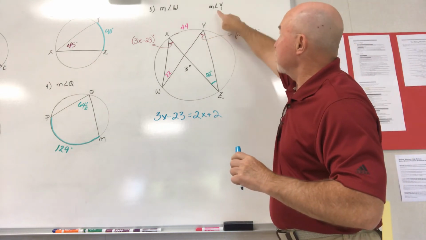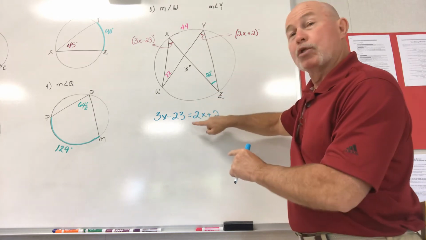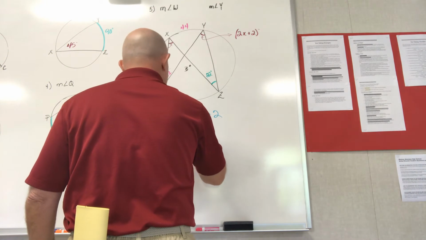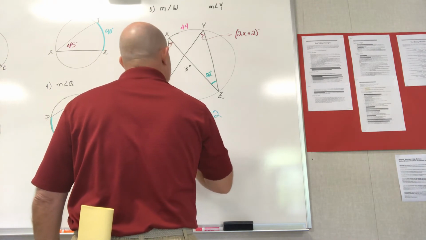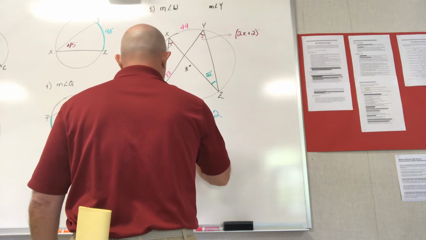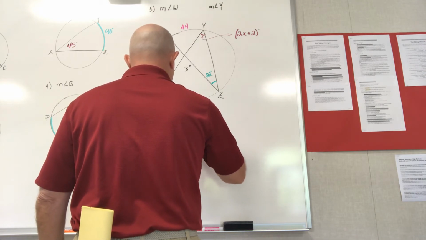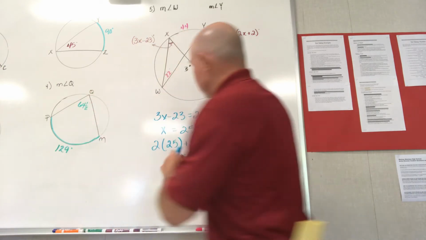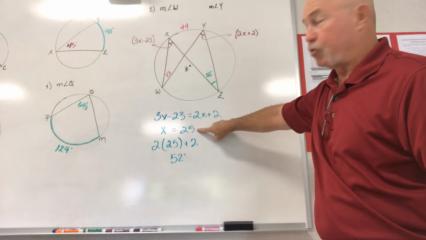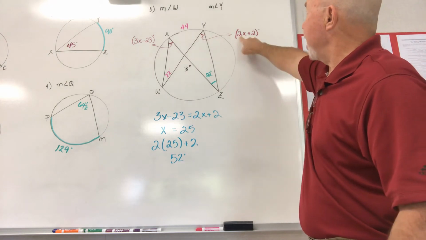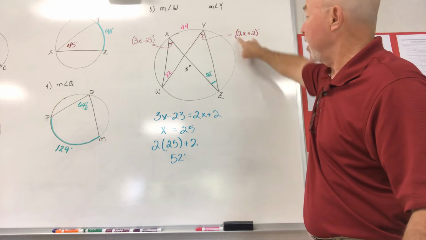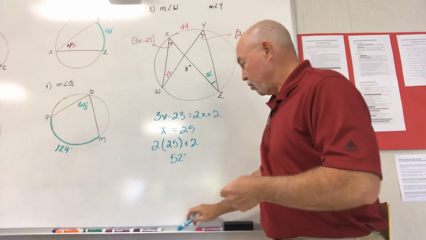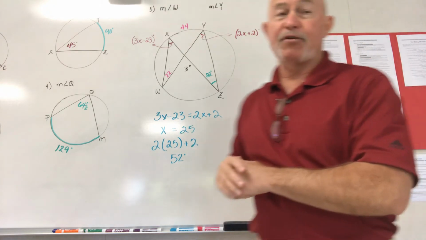Yes, it does ask for the measure of angle y, so once we find x, we substitute back in. So x equals 25. We replace the x with 25. 2 times 25 plus 2 is 52 degrees. There's the next level of problem.